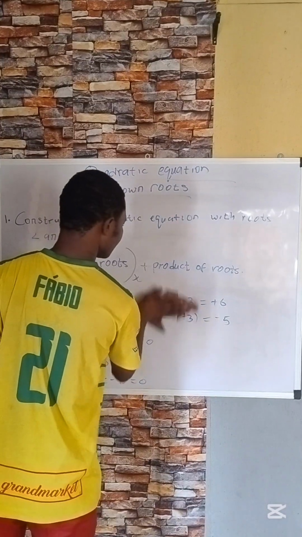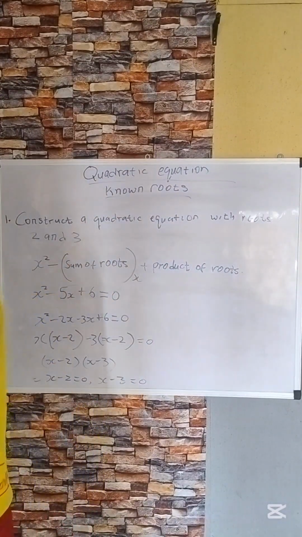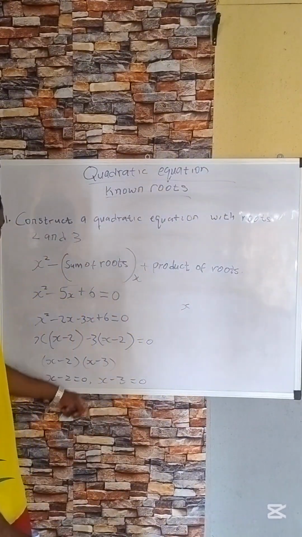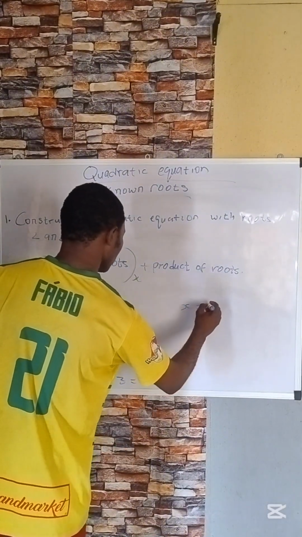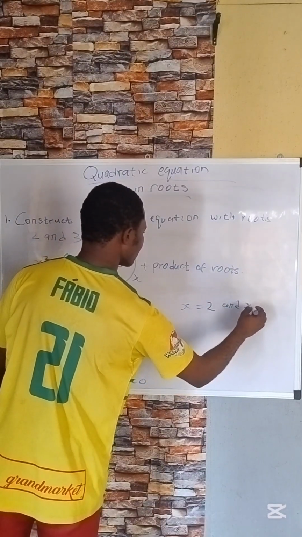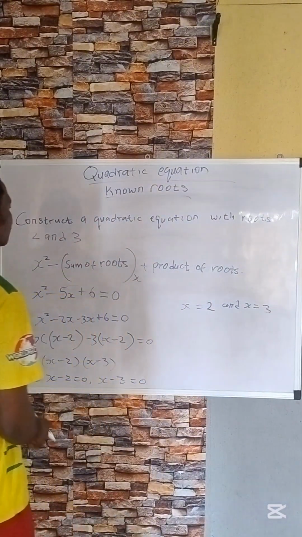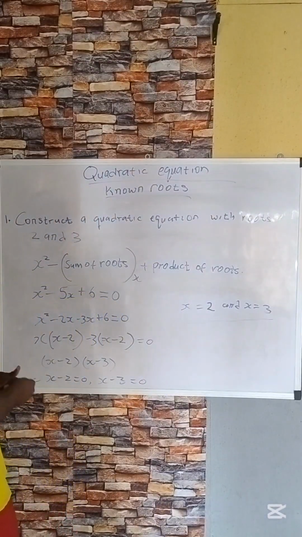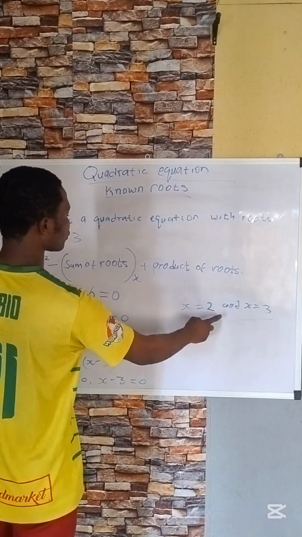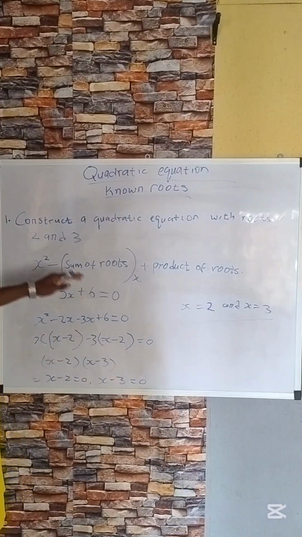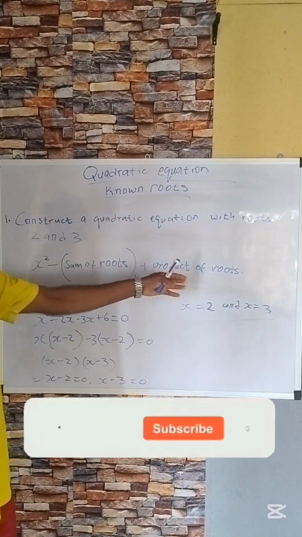Moving the numbers over, x equal to 2 and x equal to 3. This is our final answer. As you can see, x is still equal to 2 and 3, which is what we started with. This factorization is just to portray the point that this formula actually works.